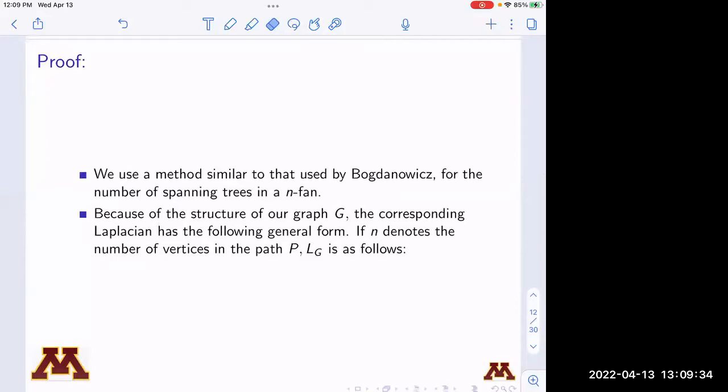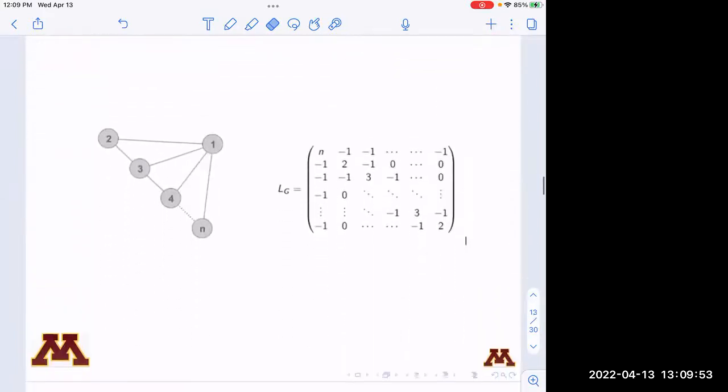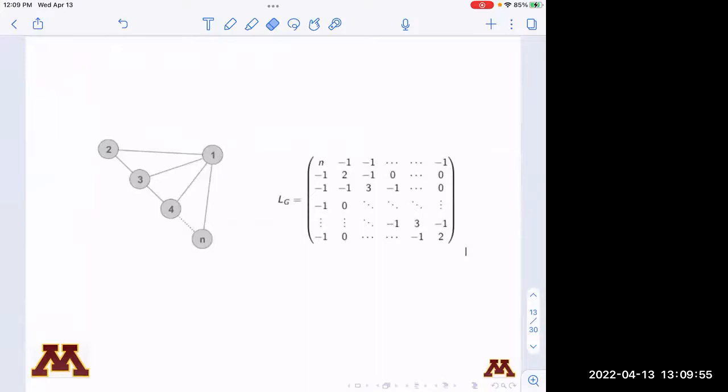To prove the above theorem, we used a method similar to that used by Bodigovich for the number of spanning trees in a fan. And because of the structure of our graph, the corresponding Laplacian has the following general form. This entry here corresponds to the neighbors that the cone vertex has.